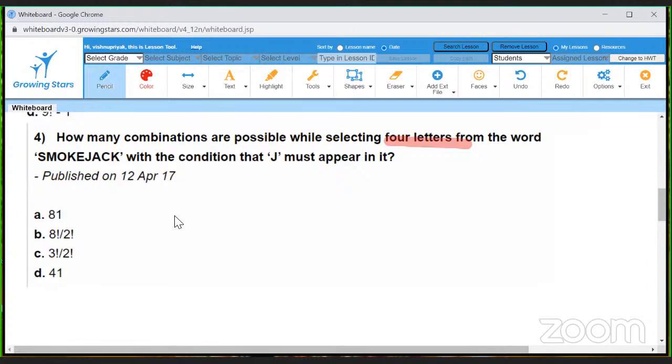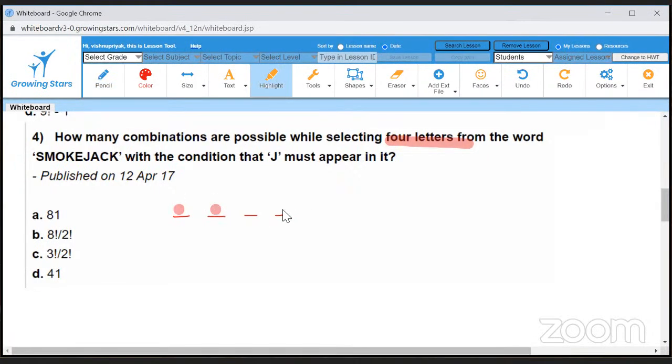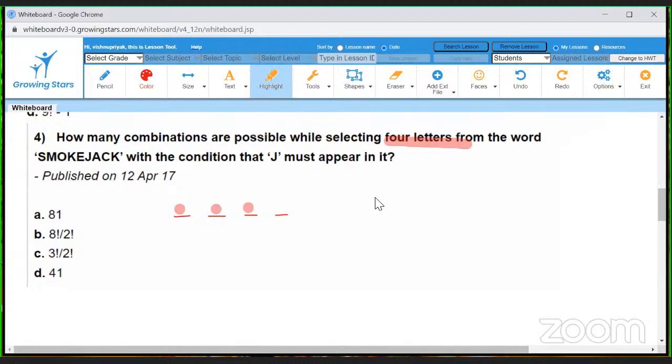So 4 letters we need. That is the first thing. And in that, J has to be there. So definitely one place will be occupied by J. J can be here or here or here or here. One place will be occupied by J.